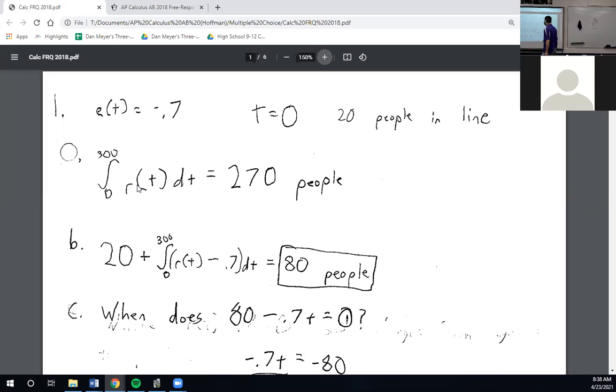So basically, there's a net change of 60 from the time interval from 0 to 300. So instead of 20 people in line, now there's 80 people.